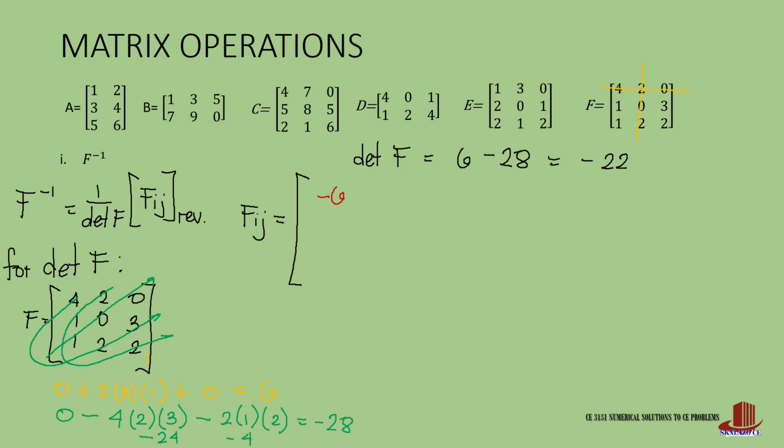Next one, we're going to have 1 times 2 minus 1 times 3, or negative 1. Third element, 1 times 2 minus 0, or 2.